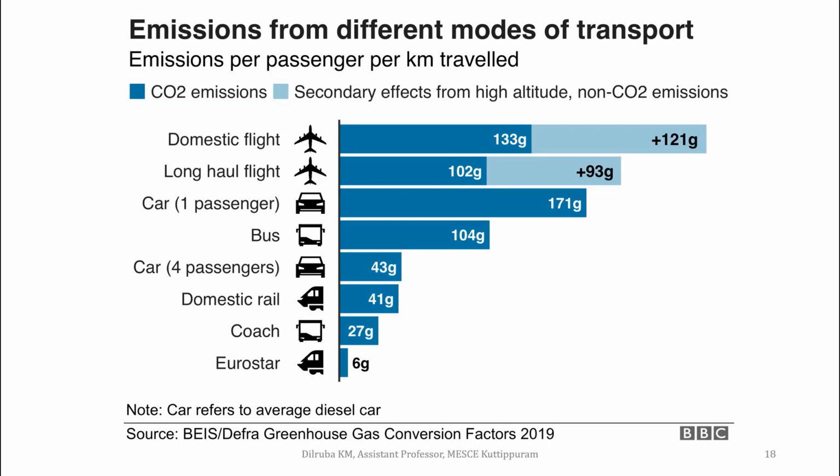According to various studies, these are the emissions from different transport modes in terms of emissions per passenger per kilometer traveled. When we look at the graph, we can see domestic flights have the maximum emission of carbon dioxide and non-carbon dioxide emissions, around 254 gram per person per kilometer.